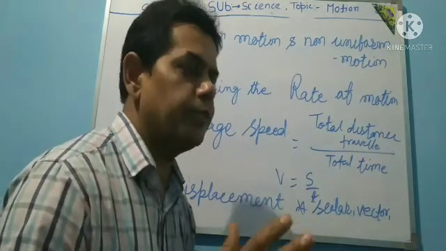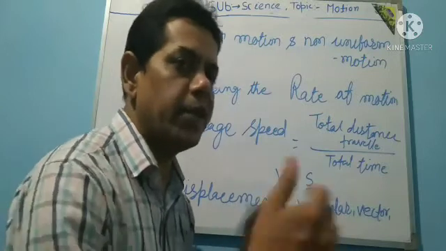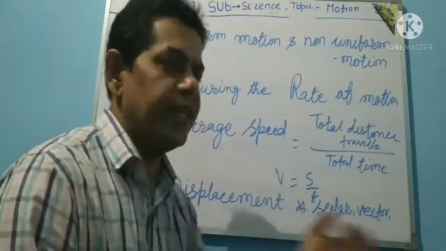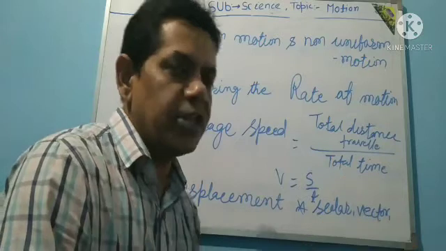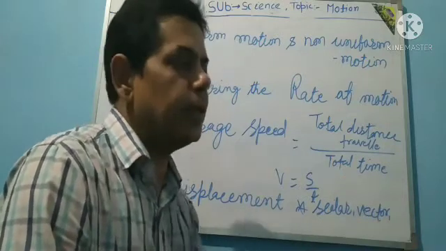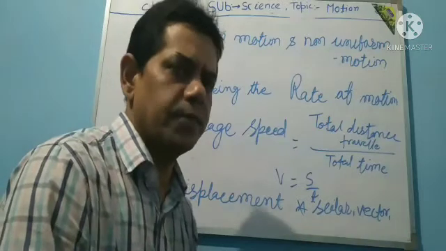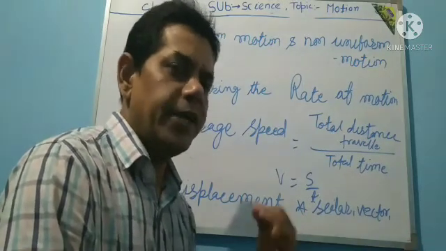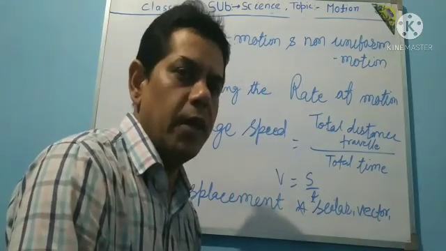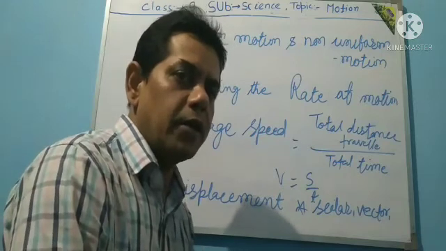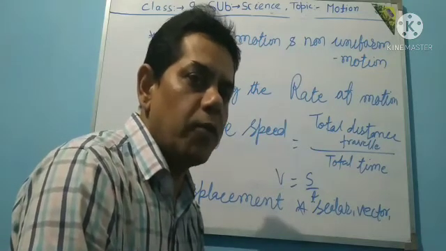If an object travels 5 meters in 10 minutes, then the next 5 meters it also travels in 10 minutes. That is uniform motion.